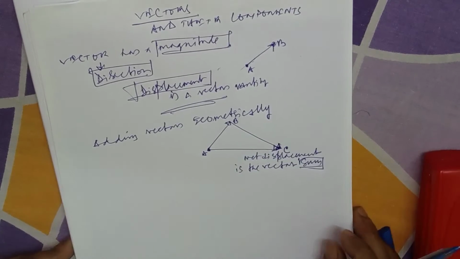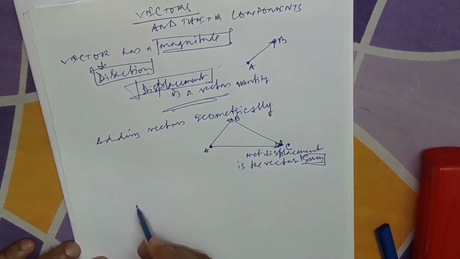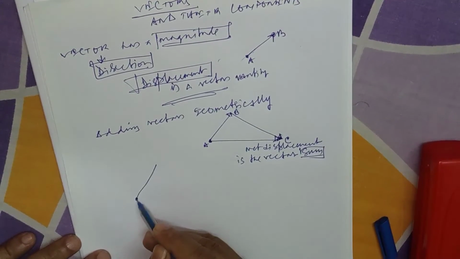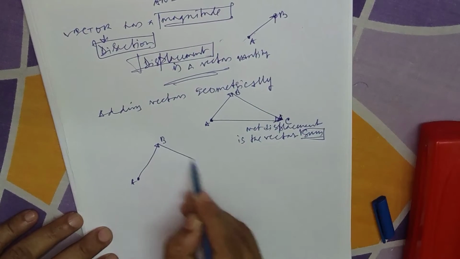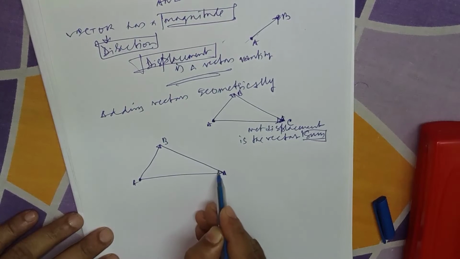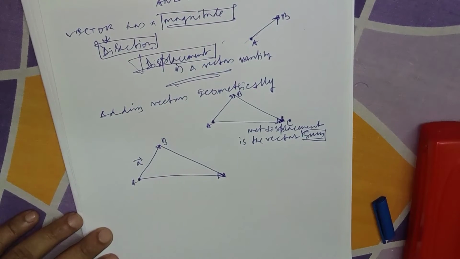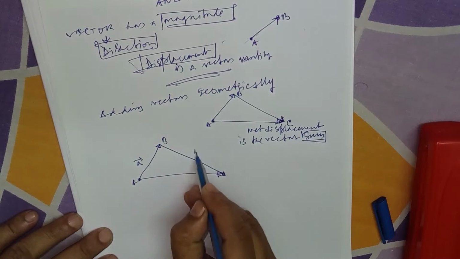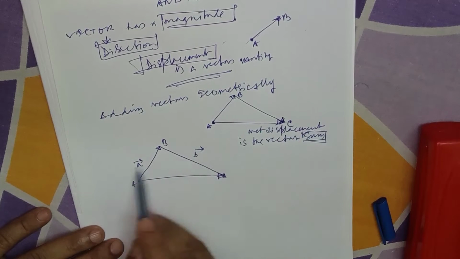Now, again drawing the same part. This is A, this is B, this is C. We have added like this. So if this vector is this and this vector is this, the summation, these are all vectors.